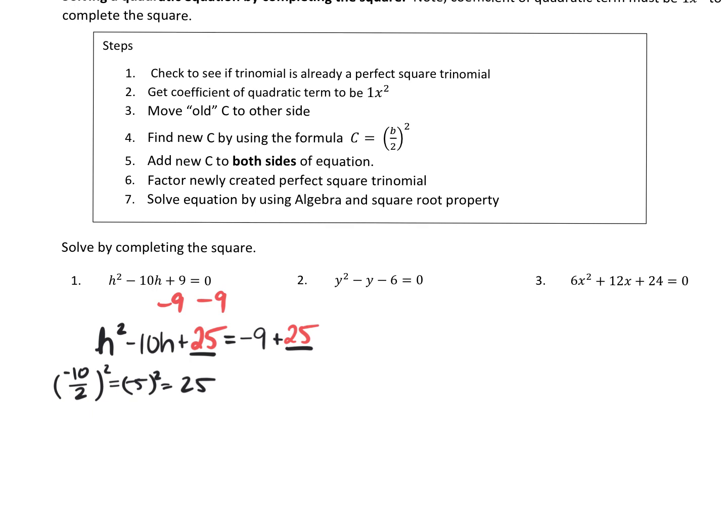Now I can factor. h squared minus 10h plus 25 factors to h minus 5 squared, right? Negative 5 and negative 5 multiply to 25 and add to negative 10. And what's negative 9 plus 25? 16.